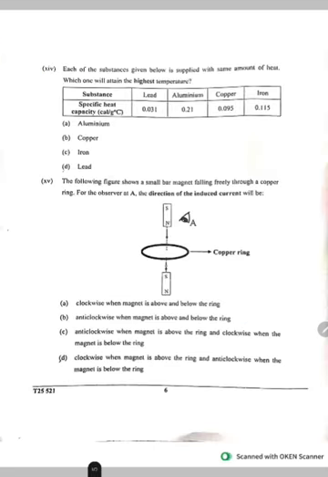Now question number 14. In question number 14 they have given one table, and in that table there is lead, aluminum, copper and iron, and they have given the specific heat capacity of all these materials. Here it is asking that each of the substances given below is supplied with the same amount of heat, meaning we are supplying the same amount of heat to all these four materials. So which one will attain the highest temperature?